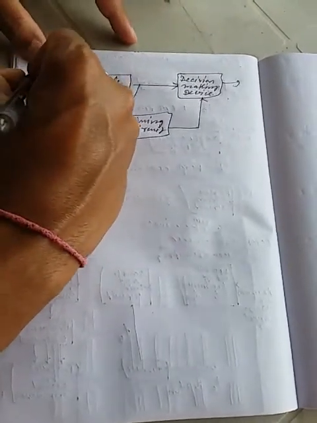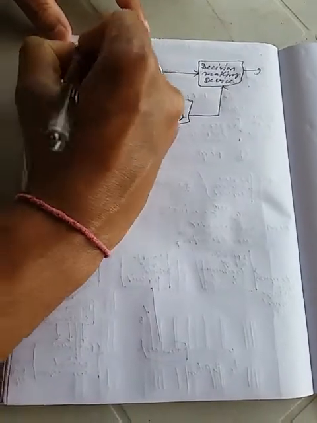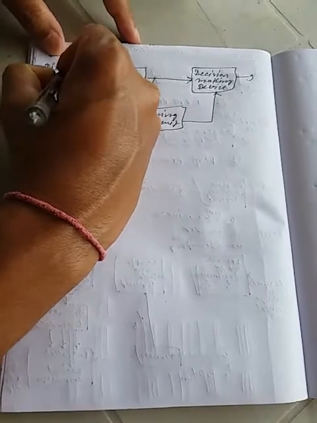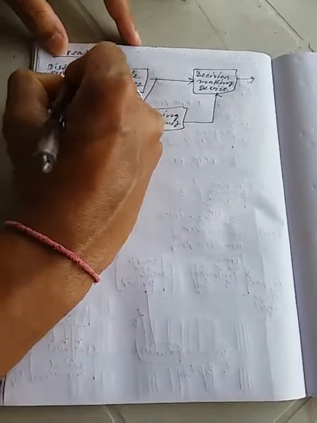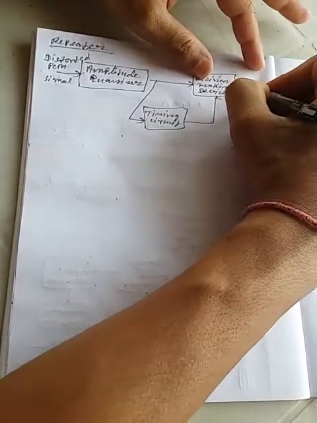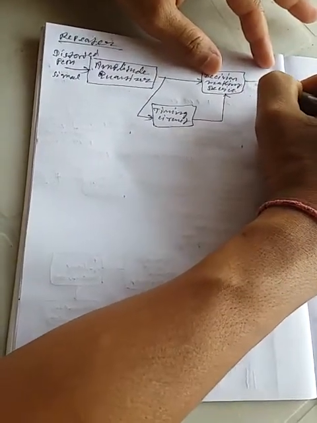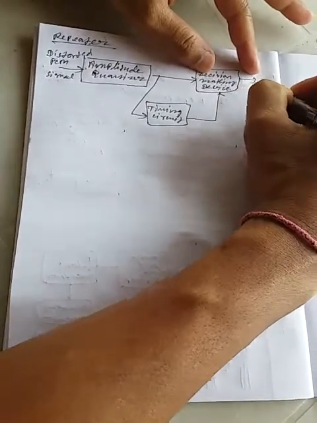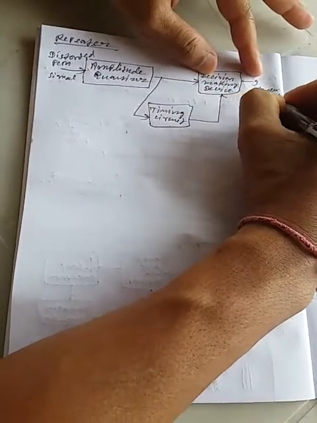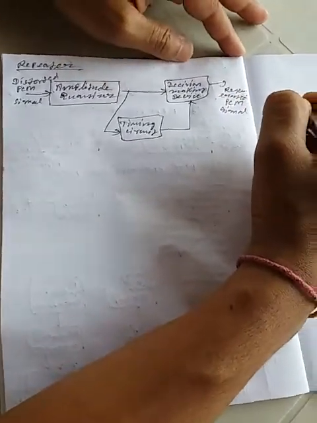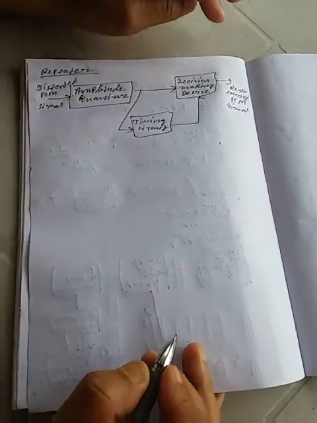This is the distorted PCM signal, and this is the regenerated PCM signal. Okay, so this is the block diagram of the regenerative repeater.